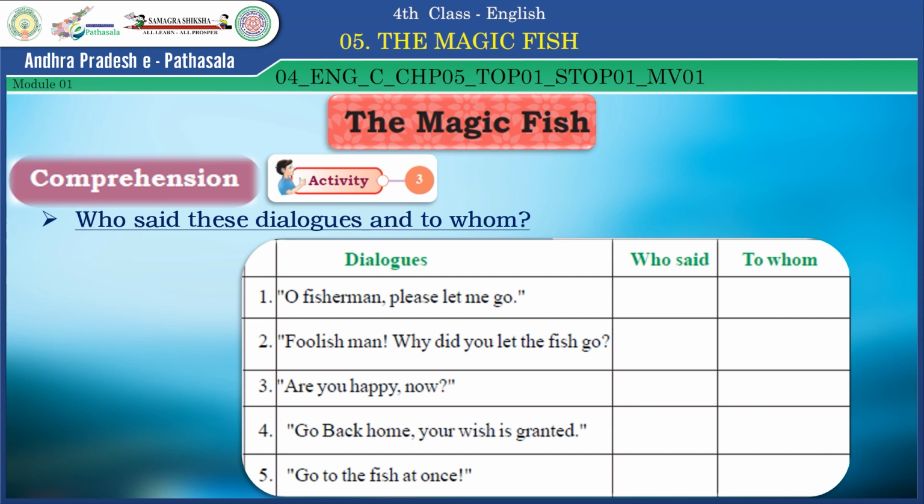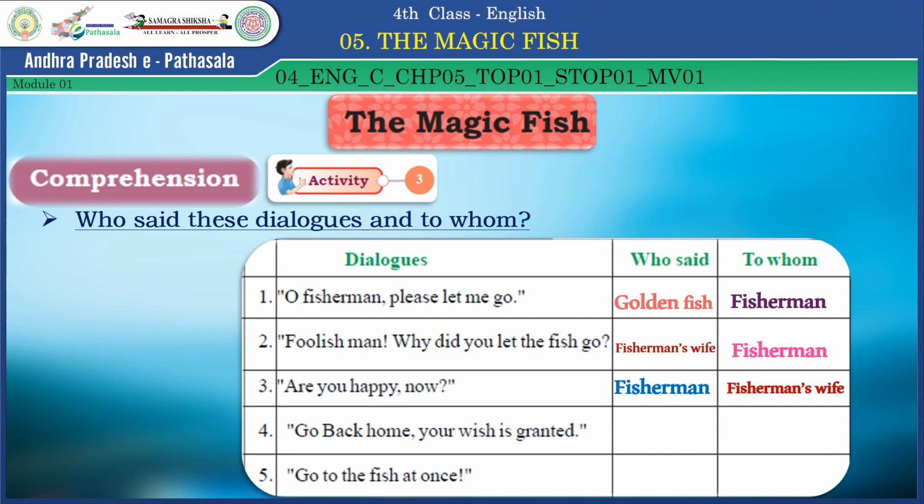Very good, children. This dialogue is said by the golden fish to the fisherman. Second one. Foolish man, why did you let the fish go? Yes, you are correct, children. The fisherman's wife said to fisherman. Third one. Are you happy now? Well done, children. This dialogue is said by fisherman to his wife.